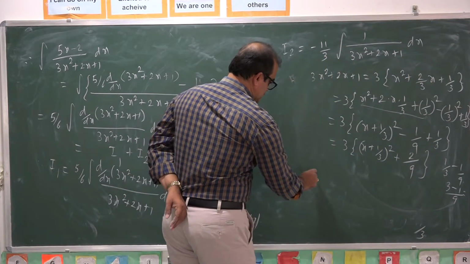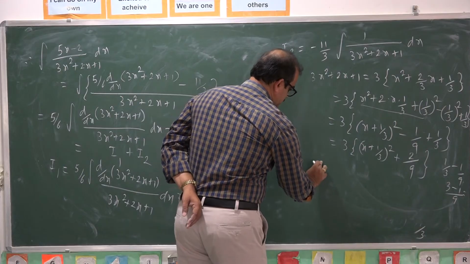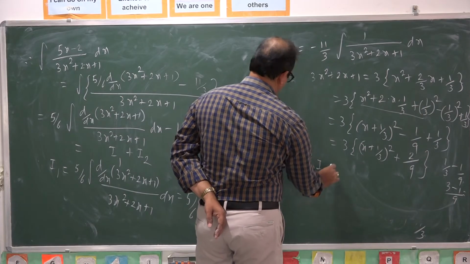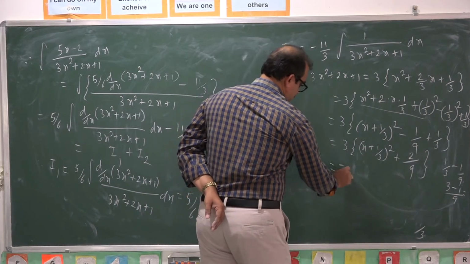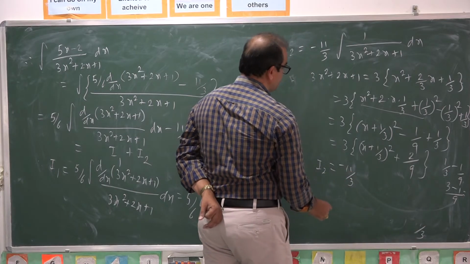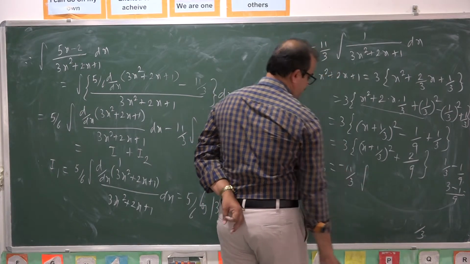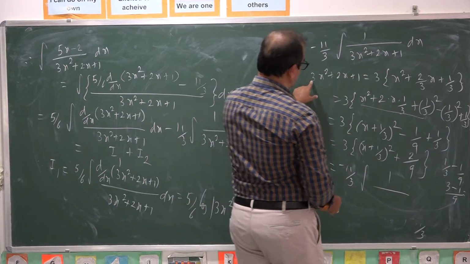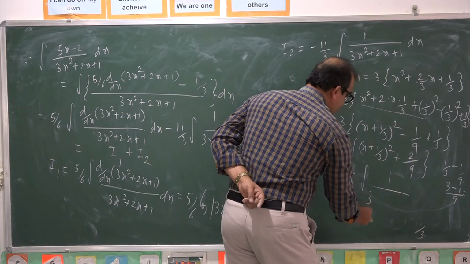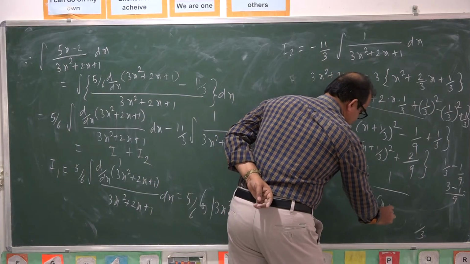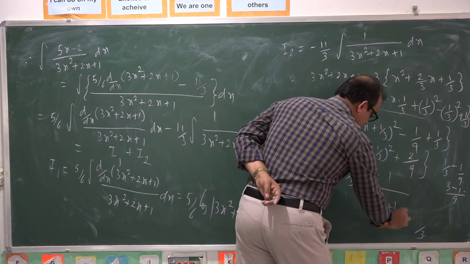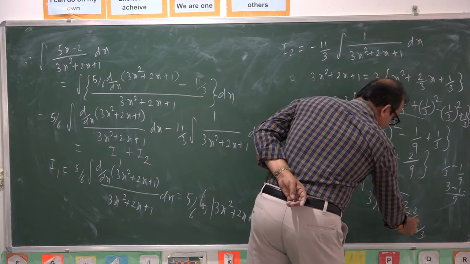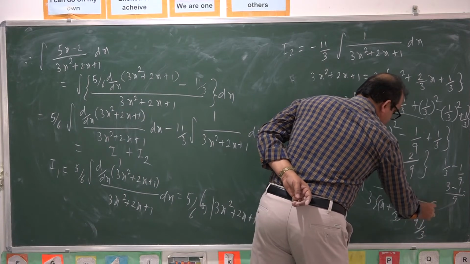Now I2 is equal to minus 11 by 3 into integral of this quadratic form, 3 into x plus 1 by 3 whole square plus 2 by 9, into dx.